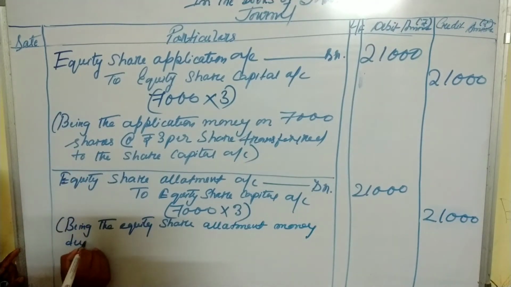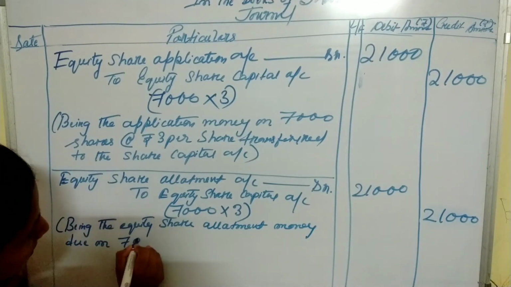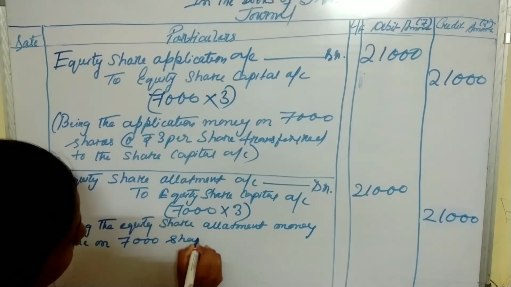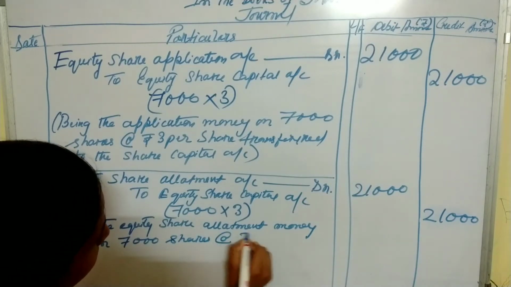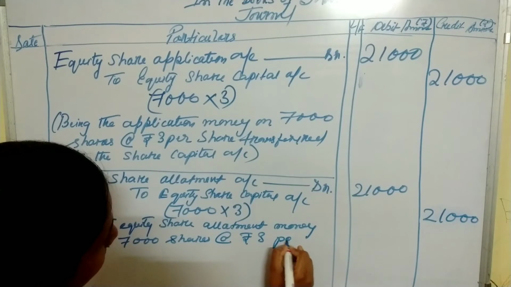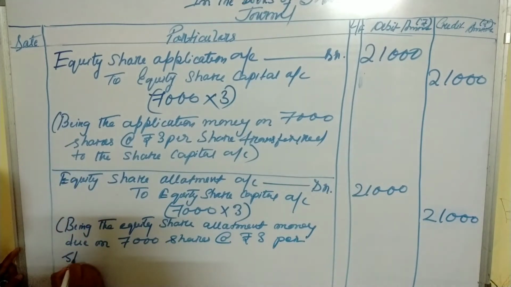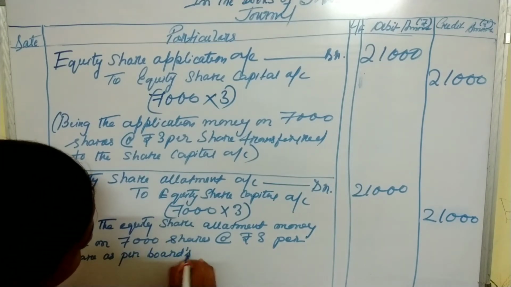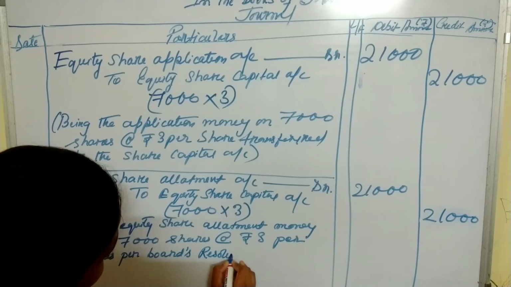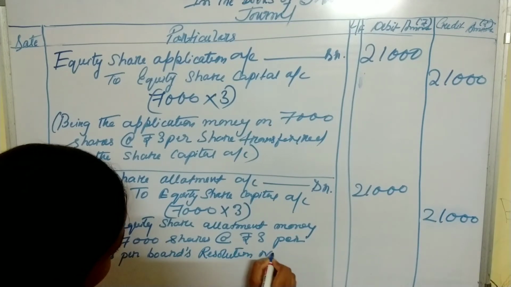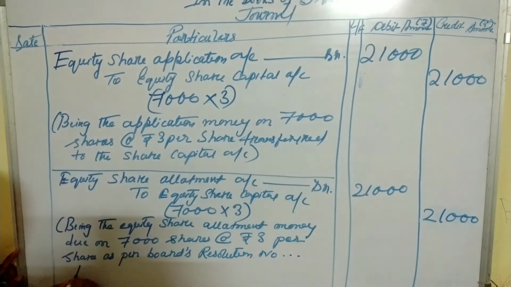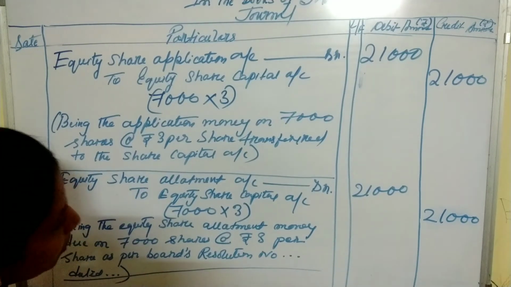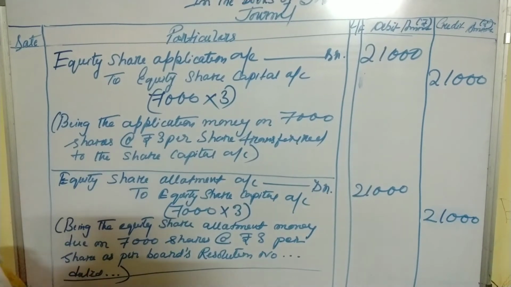It is a due entry, due on 7,000 shares at the rate of rupees 3 per share as per board's resolution number, dated. So this is our second entry.